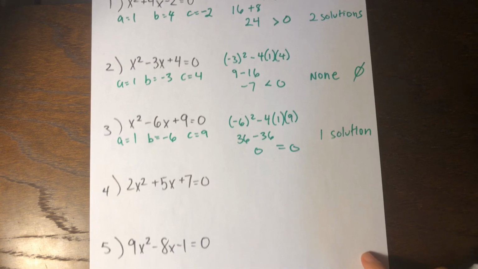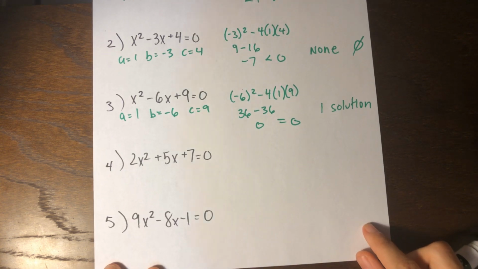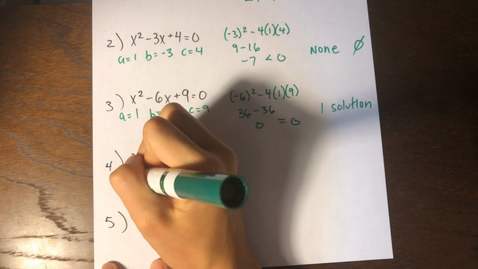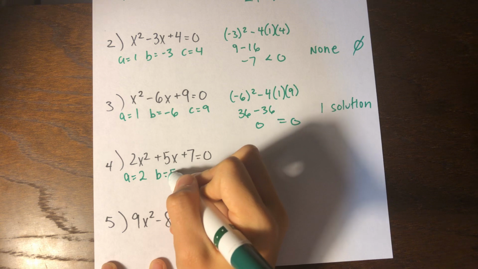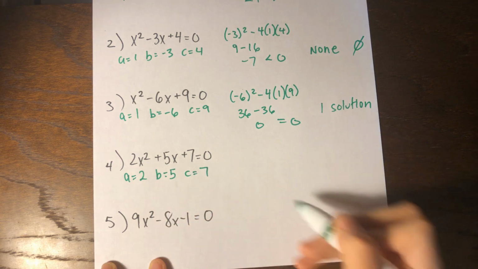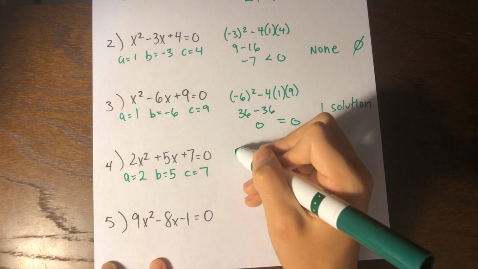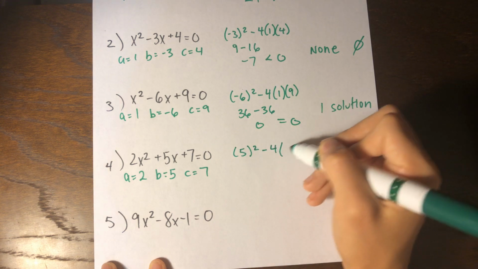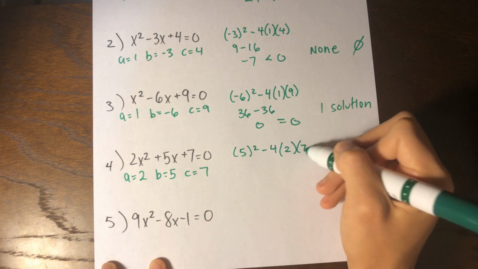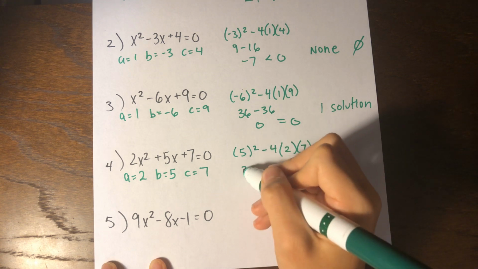Okay? Let's go on to the next one. A is 2, B is 5, C is 7. So we have b squared, 5 squared, minus 4 times A, which is 2, times C, which is 7. 5 squared is 25.